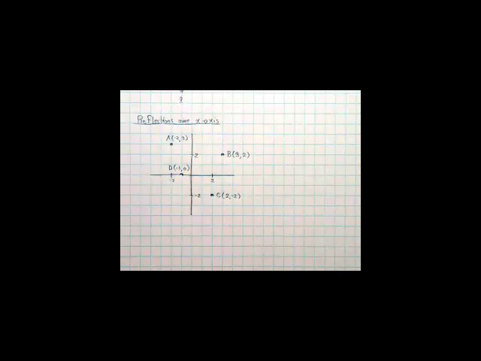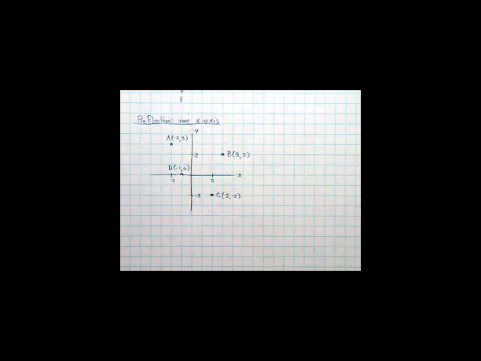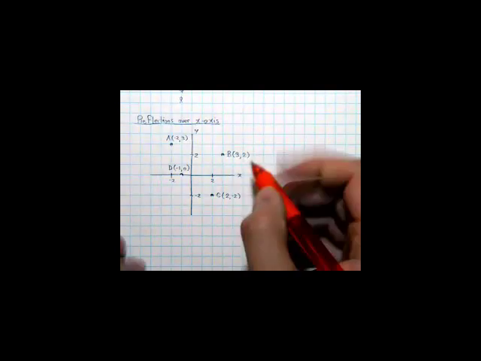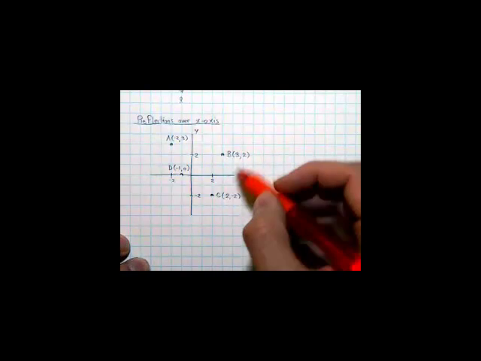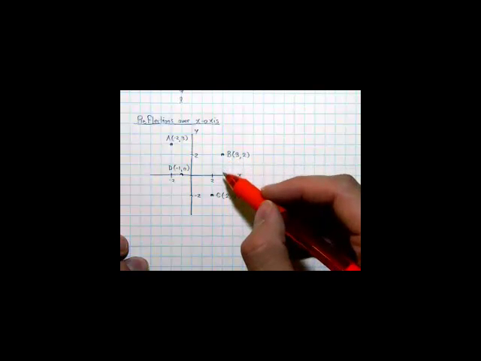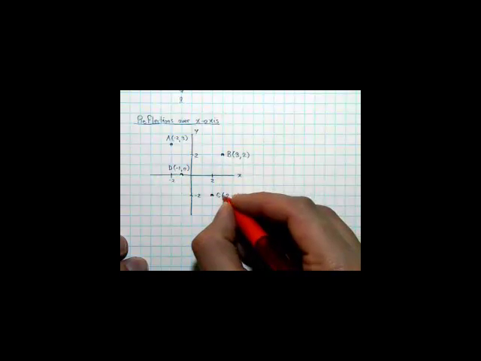Okay, so let's say I want to take each one of those points and reflect them over the x-axis. You can probably just eyeball it and do it, but I want you to take notice of what the new coordinates are compared to what the old coordinates were. So if B was at 3, 2, and I want to go over the x-axis, B prime is going to be down here, right? Kind of in the way of C.